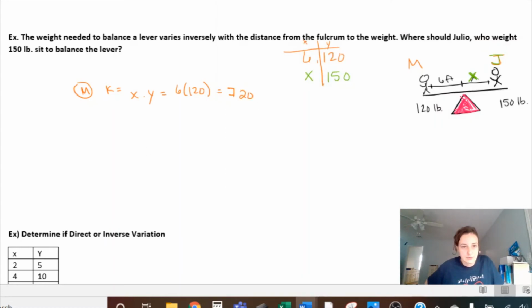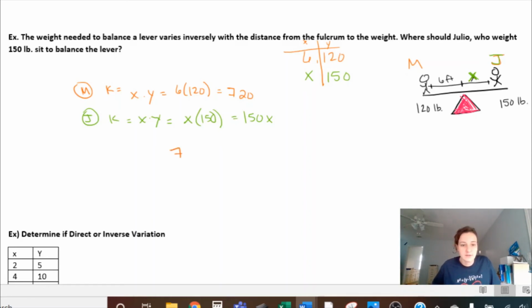Set that equal to Julio over here, and his K value is also x times y. We don't know his x value, we don't know how far away he's sitting, but I do know that he's 150 pounds. Okay, so this is 150x. And if I want them to be balanced, I need to set these two equal to each other.